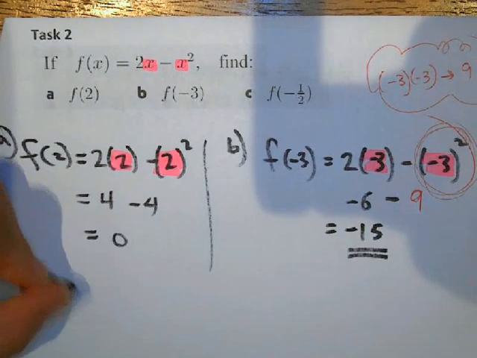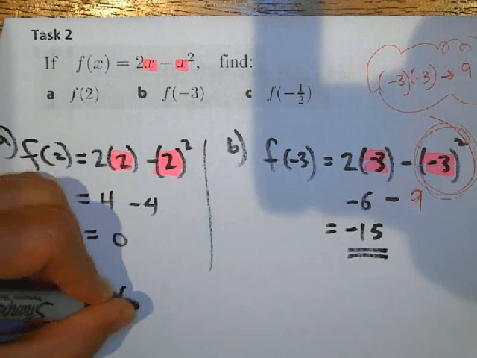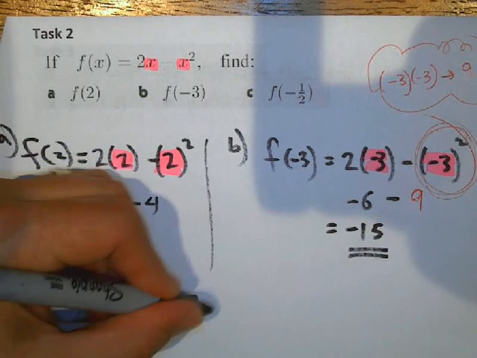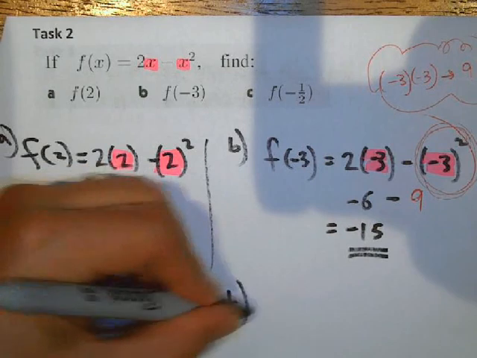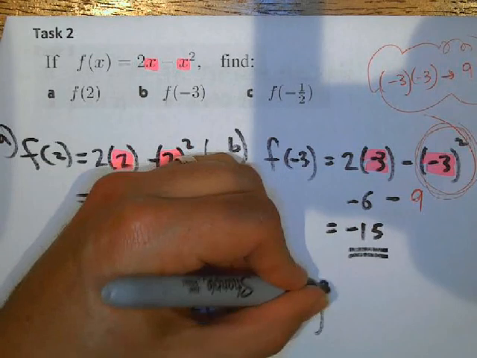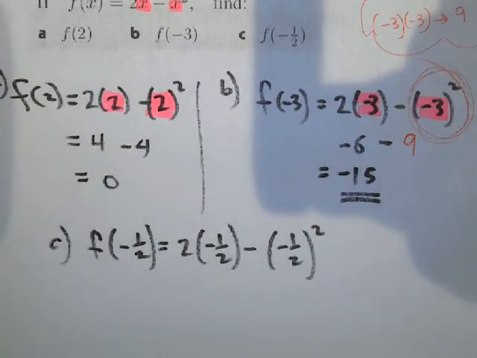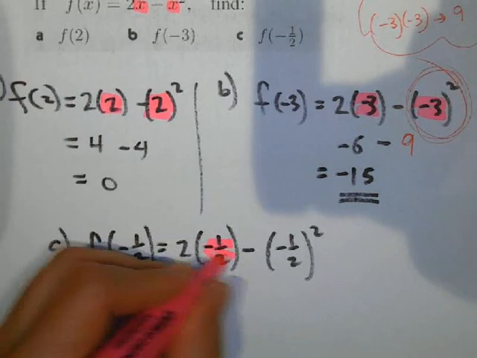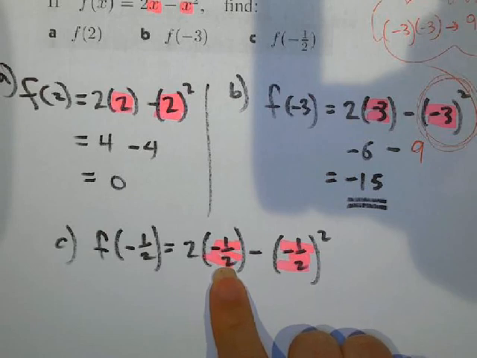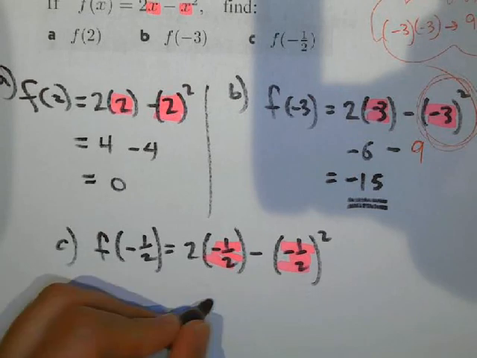C, we have f of negative 1/2. So we've got 2 times negative 1/2 minus negative 1/2 squared. Okay. So I've replaced x with negative 1/2. 2 times negative 1/2 is going to give me negative 1.